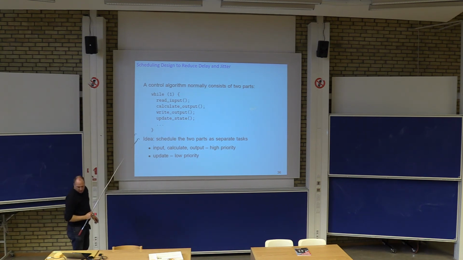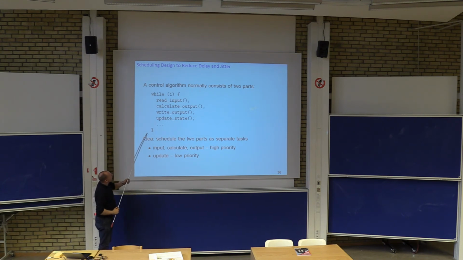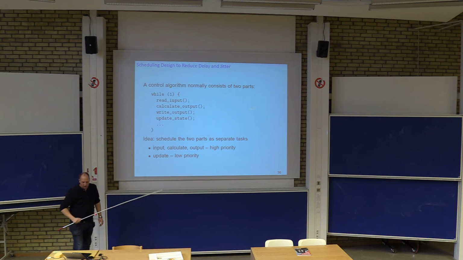What we would like to do is divide this control task into two separate tasks. One where you read the input, calculate the output, write the output. That is a high priority task. And then you have this update state, where you will do other things, and keep this as a low priority task.